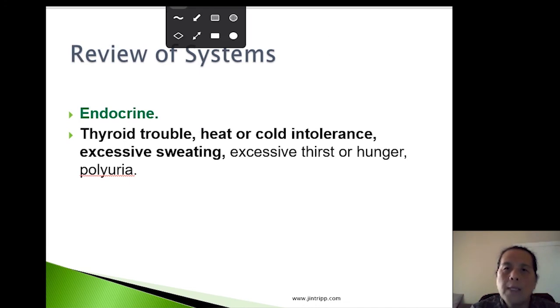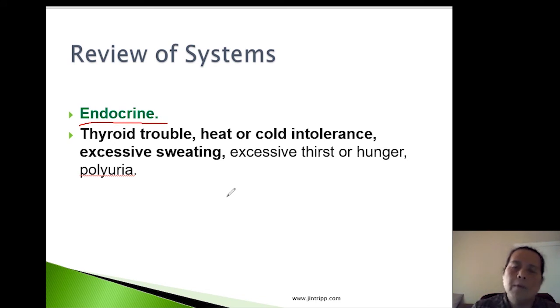Then we ask questions about the endocrine system. We follow the systems and follow the parts from the top to the bottom. In the endocrine system, we have a lot of glands. The one that easily causes trouble is the thyroid gland. Certainly people may have other gland disorders, but mostly people easily get thyroid gland disorders. The thyroid gland controls our body metabolism.